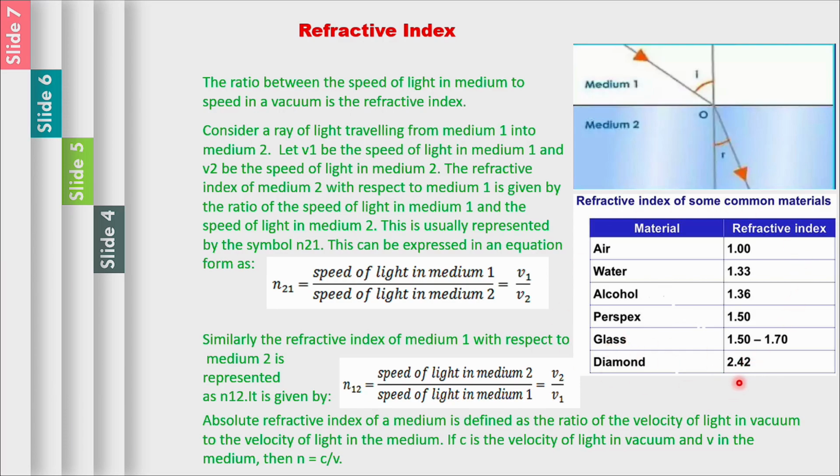These are the important materials. Alcohol is 1.36. Glass usually varies from 1.5 to 1.7, so usually it is taken as 1.5. For diamond it is 2.42.